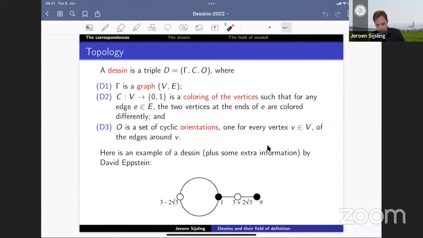Here's an example of a dessin, which you can find, in fact, on Wikipedia, but this is an image by David Epstein, who provides these and other interesting images over there. It also contains some extra information with numbers that we will for now ignore. So don't look at this, just look at the other things.